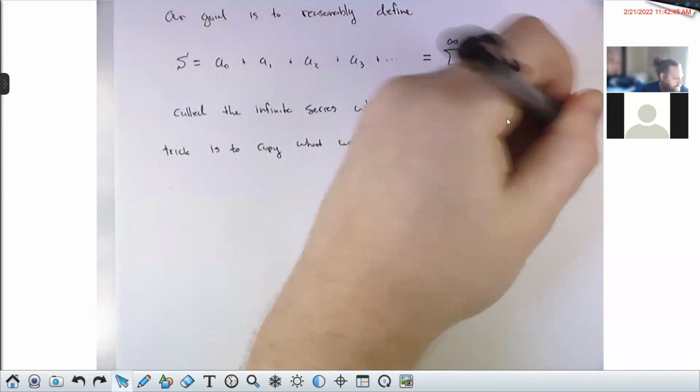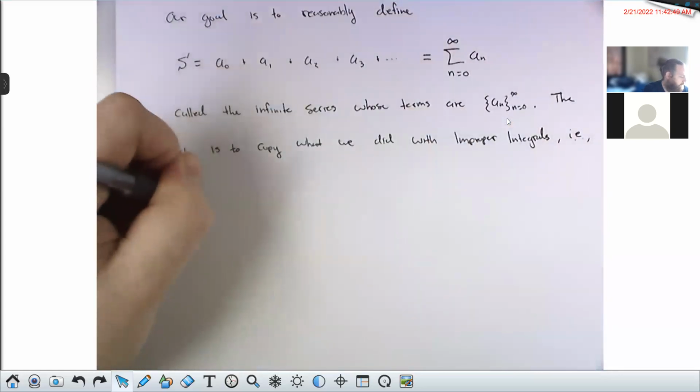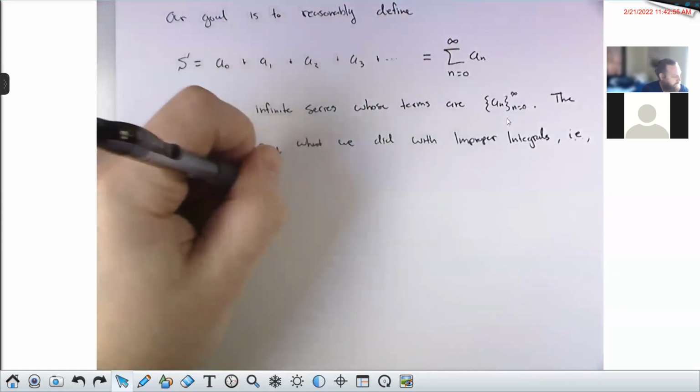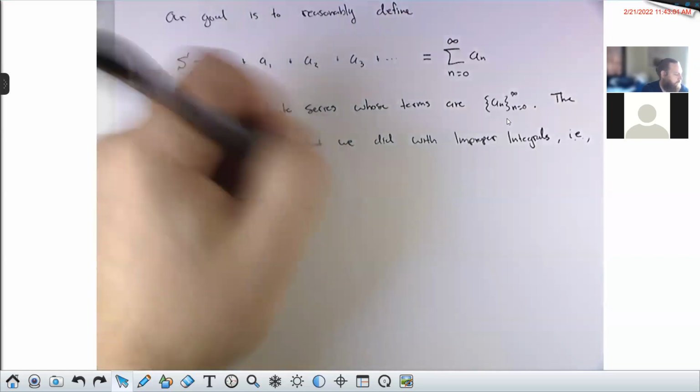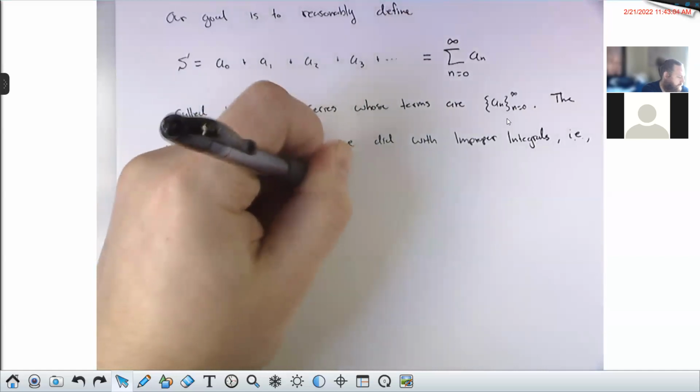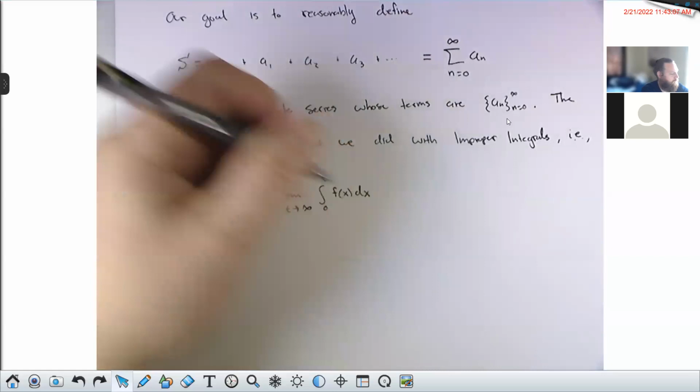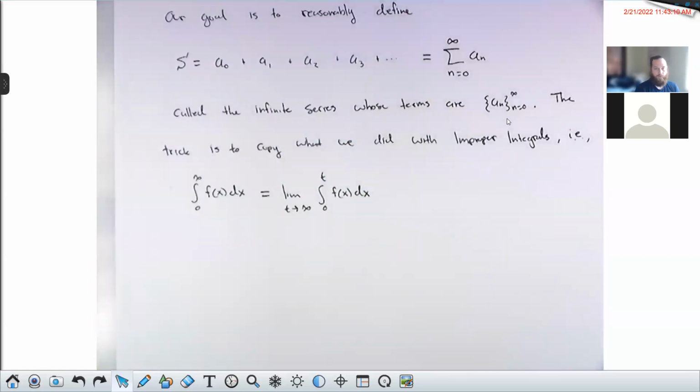Which was, we wrote the integral from 0 to infinity of f of x dx as the limit as t goes to infinity of the integral from 0 to t of f of x dx. So in our series here, sigma 0 to infinity a_n, the a_n is like f of x. And the sigma is like the integral. The sum from 0 to infinity here is like the integral from 0 to infinity here.